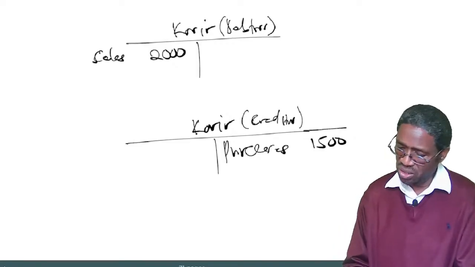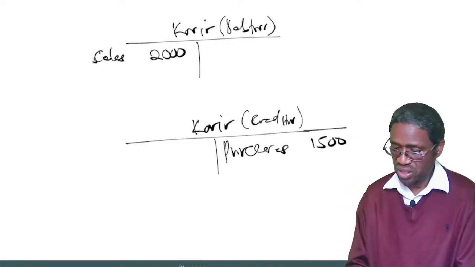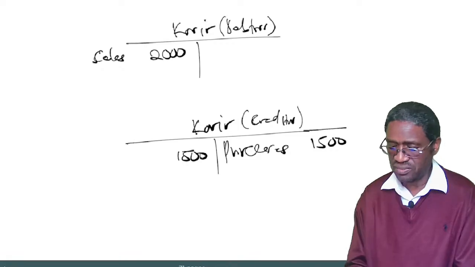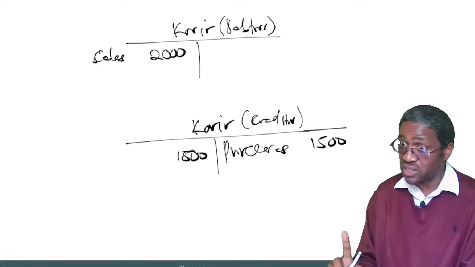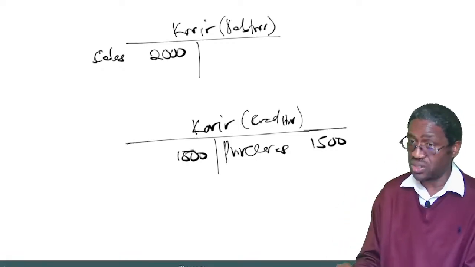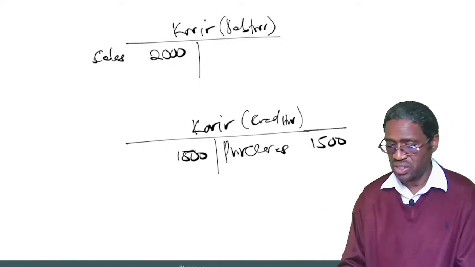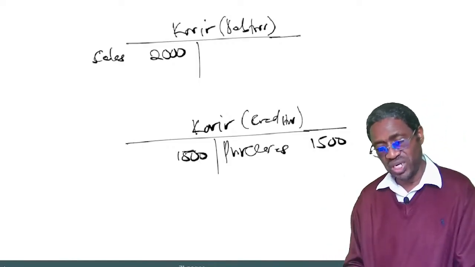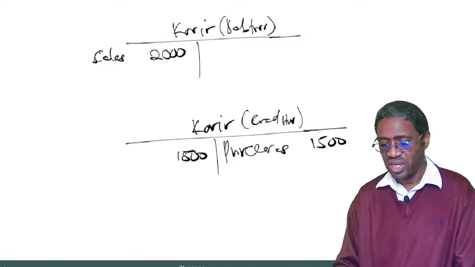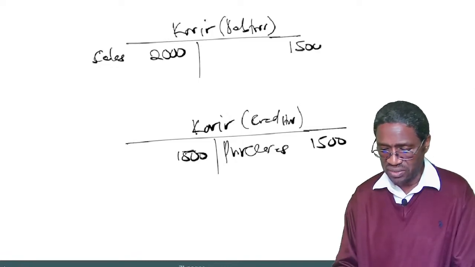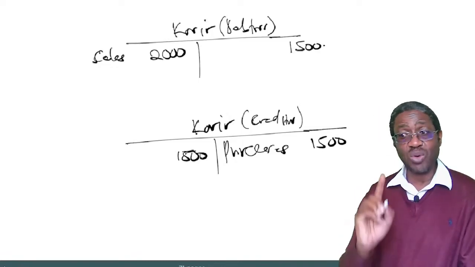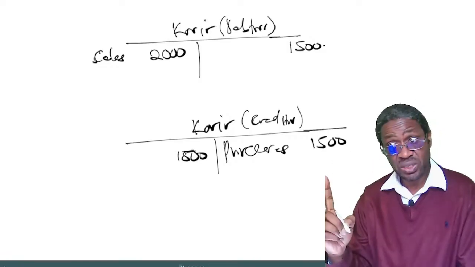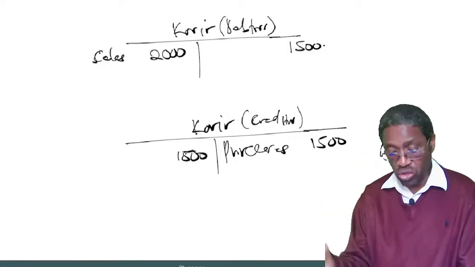By debiting Coril as a creditor that 1,500 to transfer it from the account with a smaller balance to the account with a bigger balance. So you debit Coril as a creditor, and you credit Coril as a debtor. That way you have done what we call a set-off, or you also call it a contra entry.